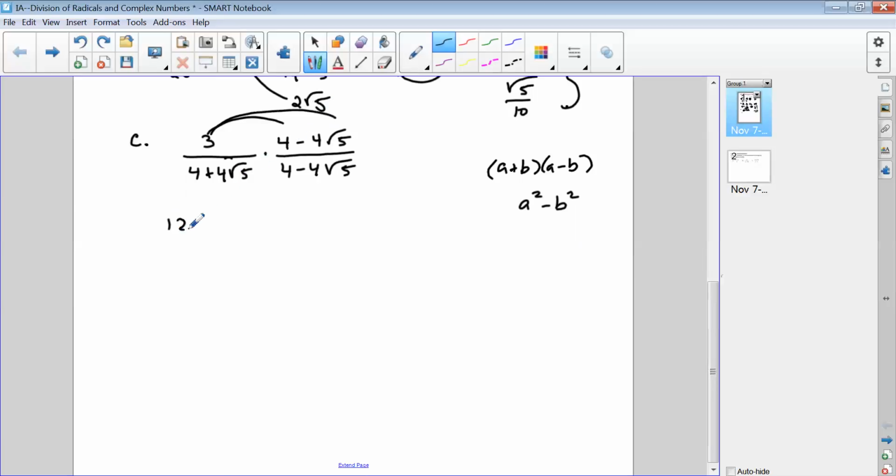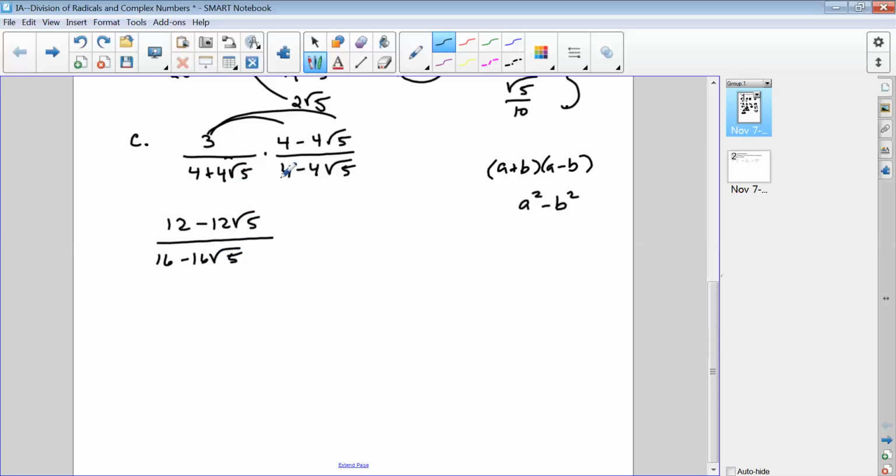That would give me 12 minus 12 times the square root of 5, all divided by, and then I multiply out the two factors. I get 4 times 4, which is 16. I get 4 times a negative 4 times the square root of 5, which would be negative 16 times the square root of 5.